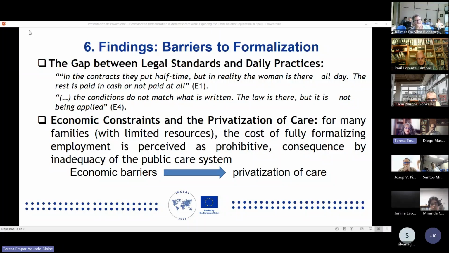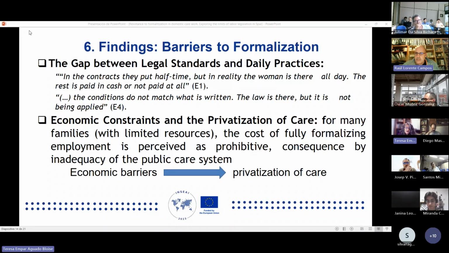Another gap between law and everyday practices. A second barrier concerns the discrepancies between these two aspects. Interviews describe the widespread practice of under-registering working hours. One trade union representative explained it. They put half-time in the contract, but the woman is there all day.